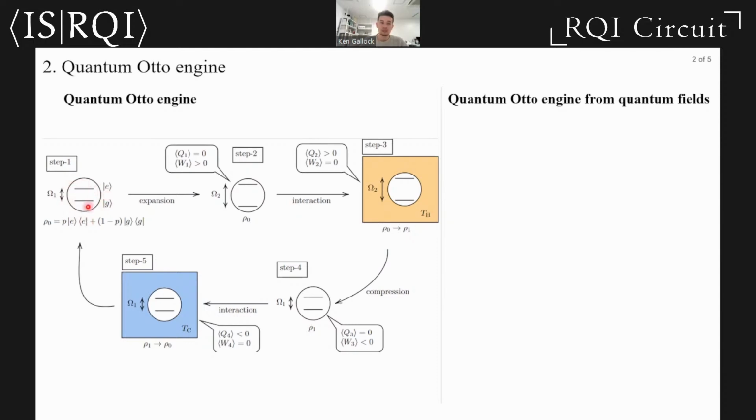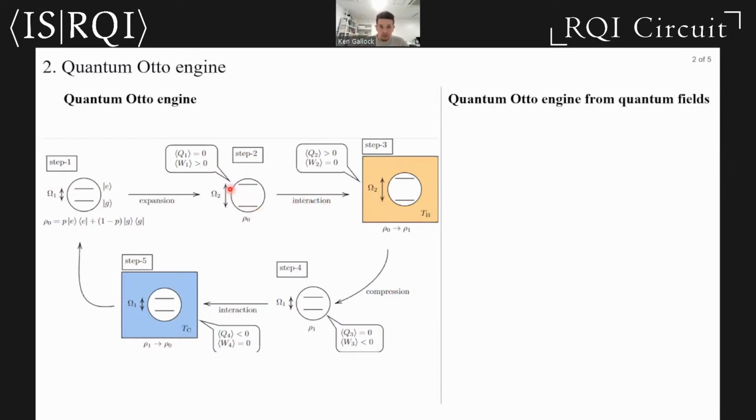In this case, let's consider a qubit with energy gap omega 1, and the initial state is prepared to be something like this. Then you expand the energy gap to a larger value omega 2. In this process, you're considering an adiabatic process, meaning there will be no heat exchange between the qubit and the thermal bath.